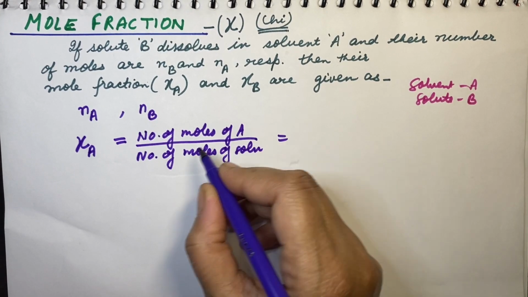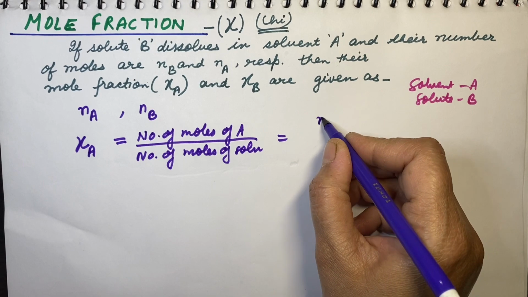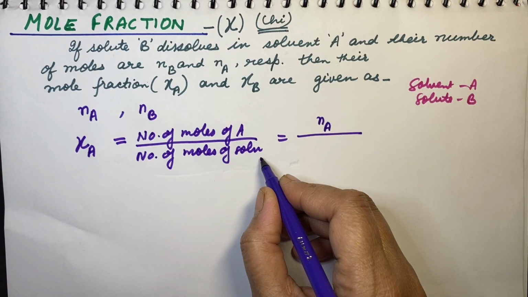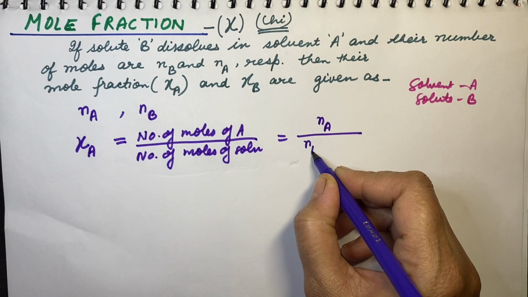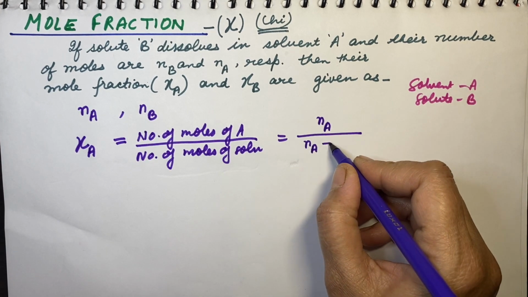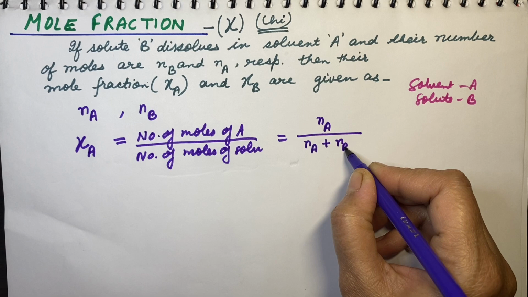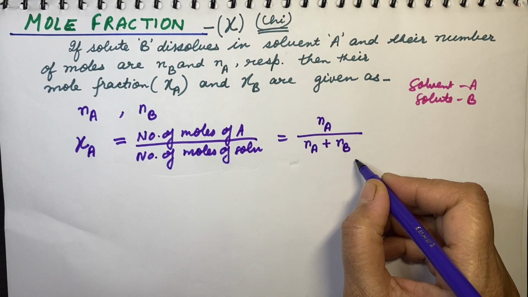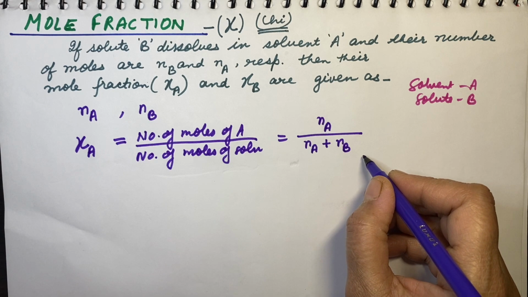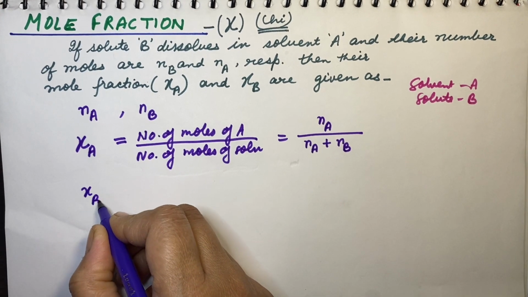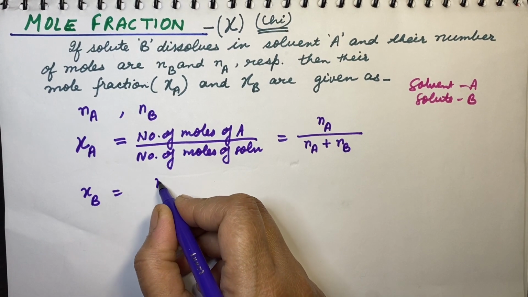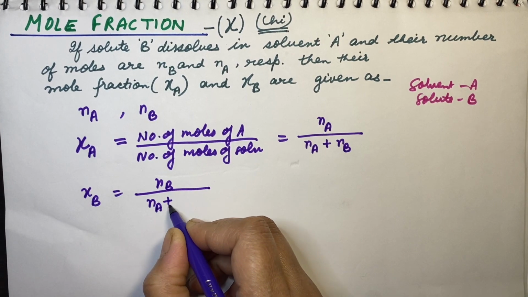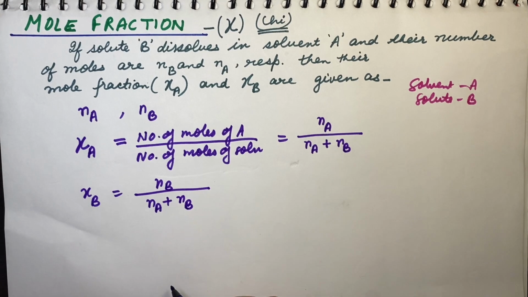The number of moles of solution will be the sum of the number of moles of solvent plus the number of moles of solute. This is your total number of moles of the solution. Similarly, chi B will be equal to NB divided by the total number of moles of the solution.